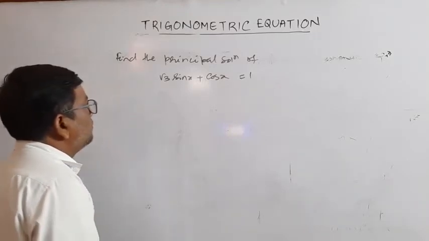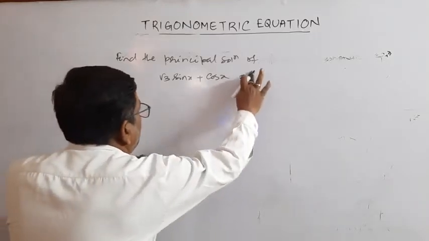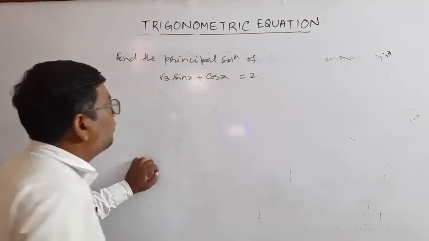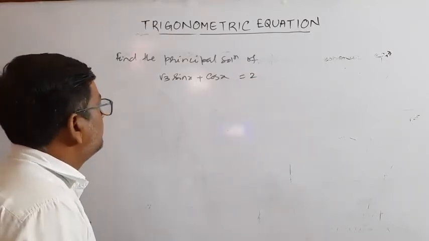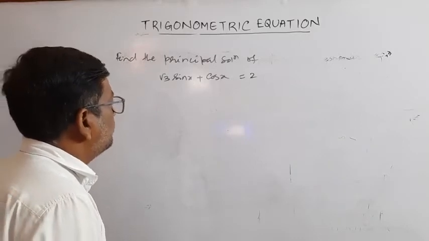Okay, so suppose this is not 1, this is 2. Find the principal solution of root 3 sin x plus cos x equal to 2.